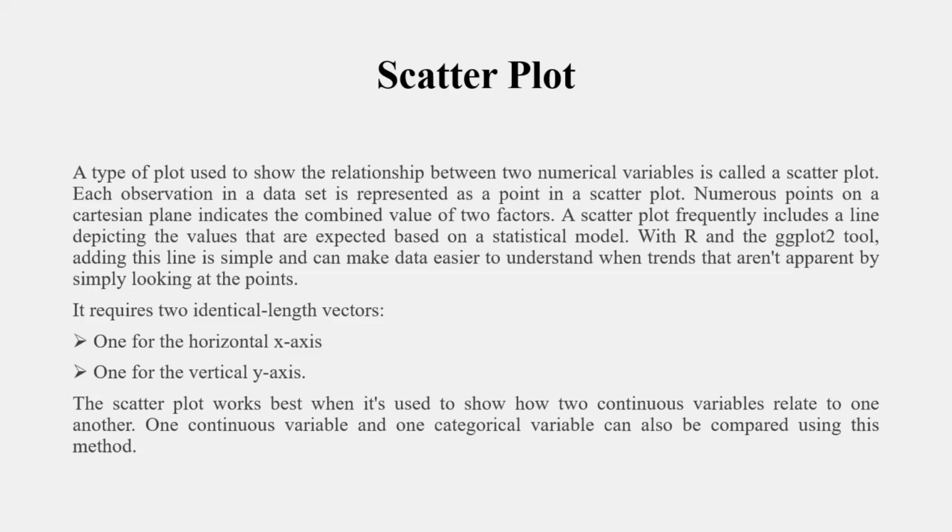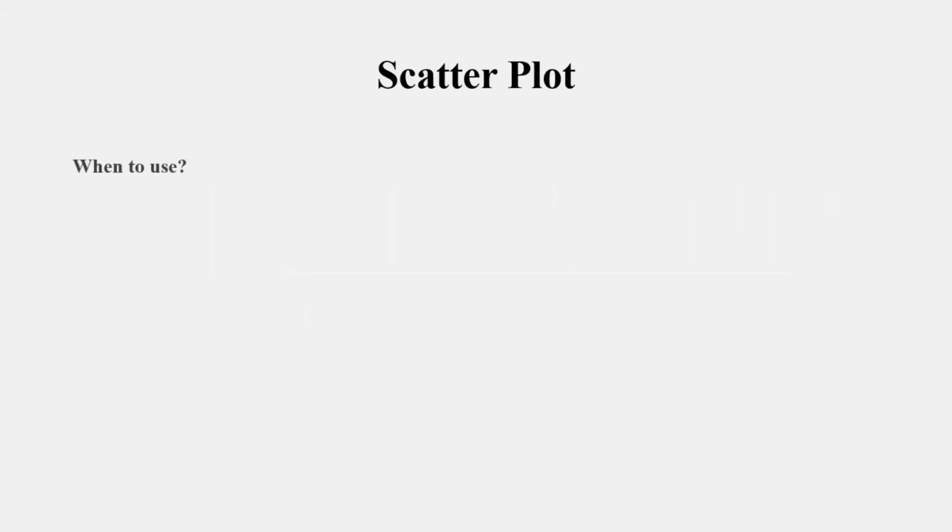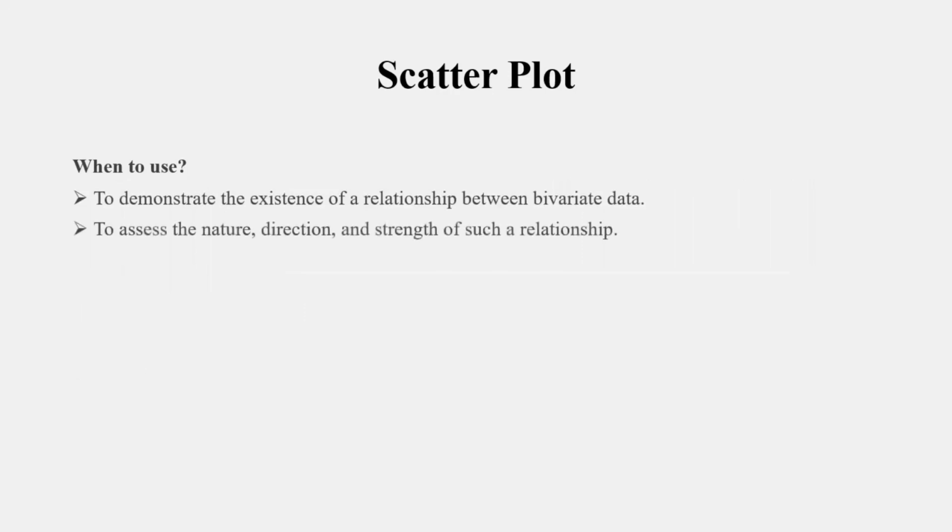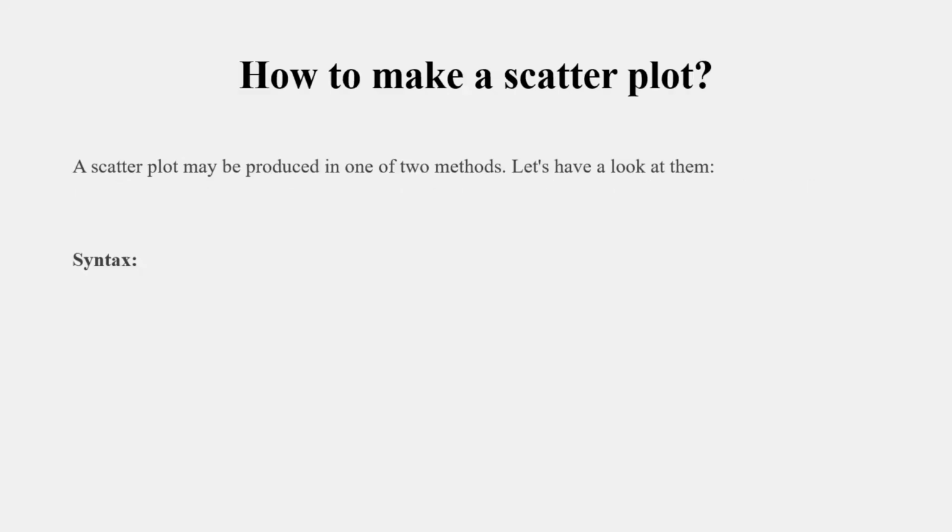One continuous variable and one categorical variable can also be compared using this method. So when to use a scatter plot? To demonstrate the existence of a relationship between bivariate data, or when you want to assess the nature, direction, and strength of such a relationship between two variables.